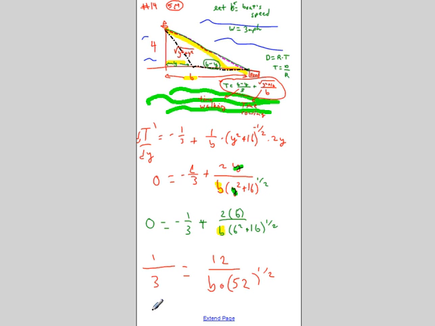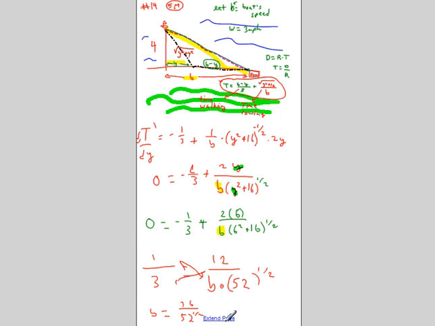And then to solve that for b, doing a little cross multiplication, we get b equals 36 over 52 to the 1/2.